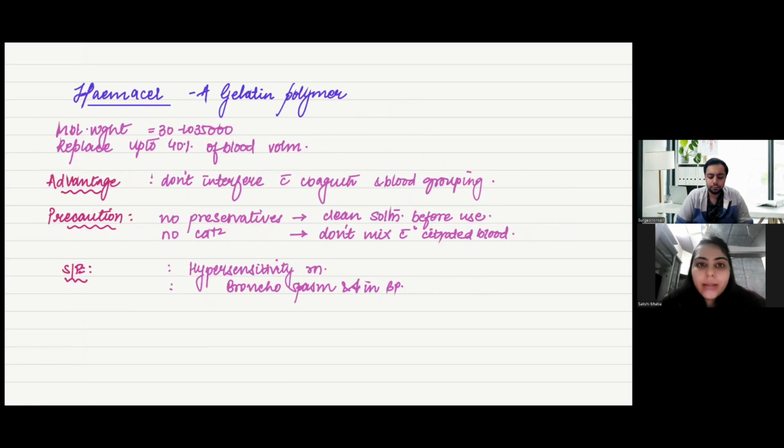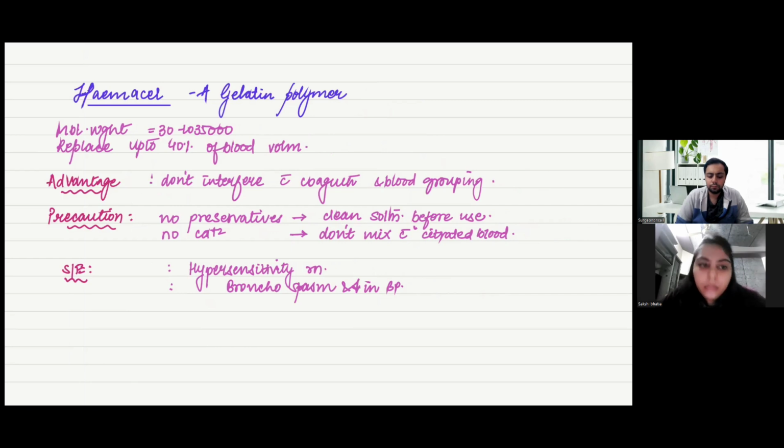Next we have HemSL, which is a gelatin polymer. The molecular weight ranges between 30 to 35,000, and it can replace up to 40% of blood volume. The advantage of using HemSL is it doesn't interfere with coagulation and blood grouping.